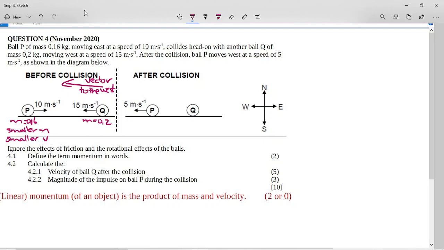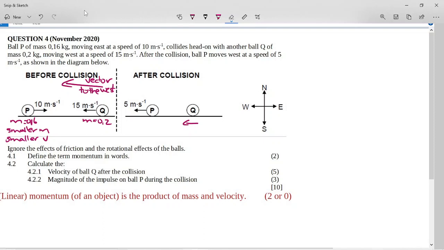It says after the collision, ball P moves west at a speed of 5 meters per second as shown in the diagram below. They don't tell you what happens to ball Q, but it's a fair bet, seeing as it had the larger velocity, that it is probably going to keep moving to the left.